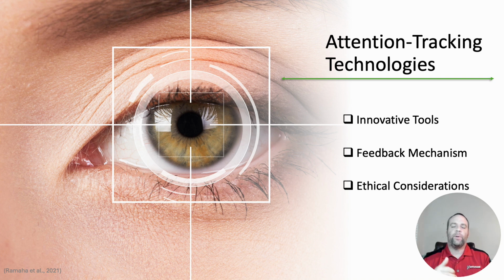It allows us to intervene when needed to keep the student on track, engaged, and to redirect the student. But with this power comes responsibility. We must balance the benefits of monitoring with the ethical considerations of privacy and autonomy. It's crucial to use these technologies thoughtfully, ensuring that they enhance the learning experience without compromising the trust of the student.